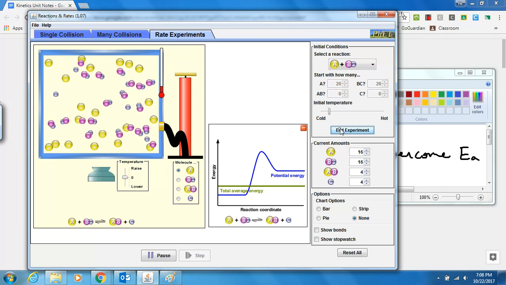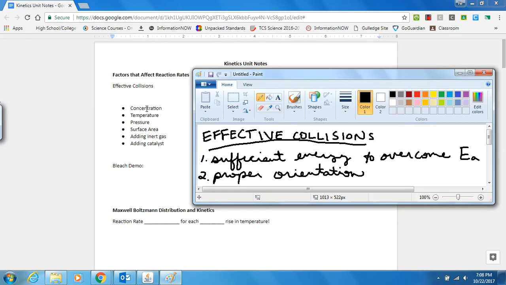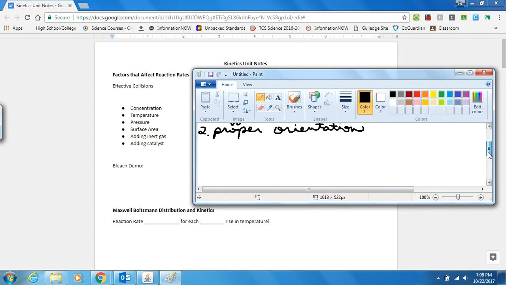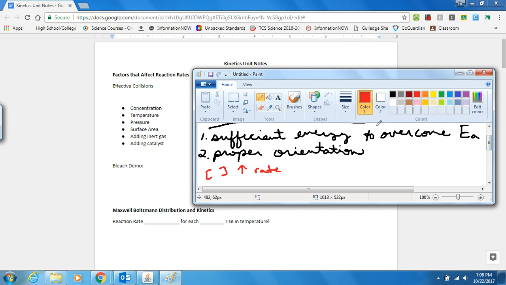So let's go back and look at concentration. So concentration, how does that affect my rate? Well, concentration increases my rate. Well, how does it do that? Well, you have a greater probability of having these two things happen: sufficient energy to overcome activation energy, and a greater probability of proper orientation.